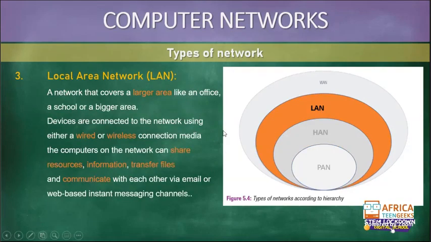Then the LAN, which covers a little bit larger area, like an office, a school, or a bigger area. Here the devices can either be connected wirelessly or wired. The reasons are to share resources and information, to transfer files, and to communicate through emails and instant messaging channels.